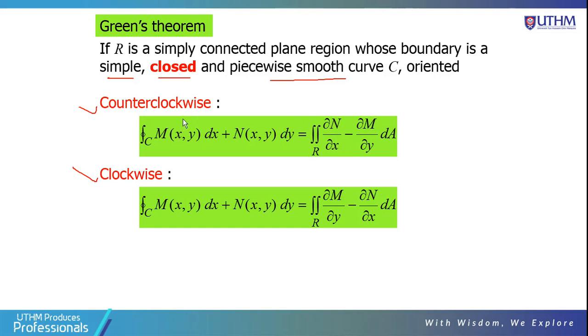This formula is for the counterclockwise direction, for example if you have a circle. For the line integral, you need to use this double integral formula, where M represents the x part and N the y part. M is with dx, so you take the partial derivative with respect to y; for N, with dy, you take the partial derivative with respect to x.